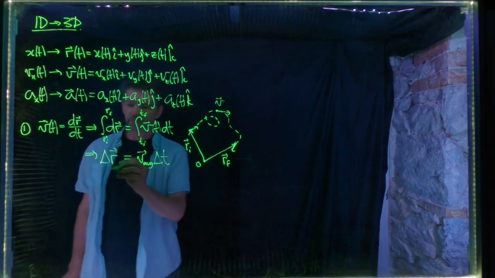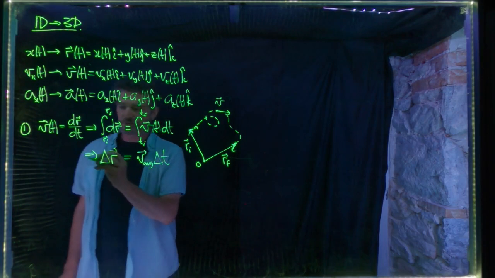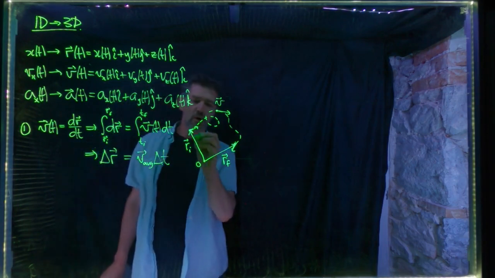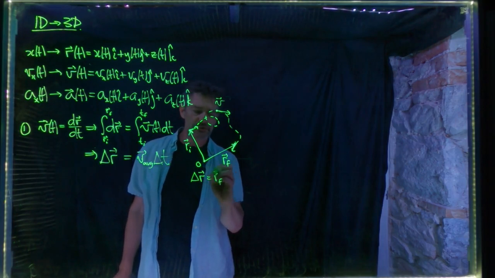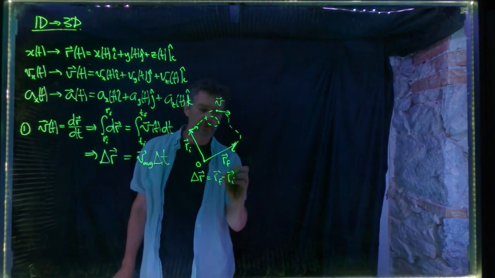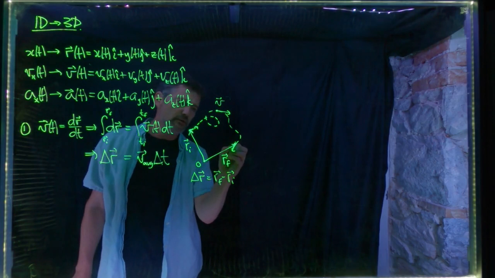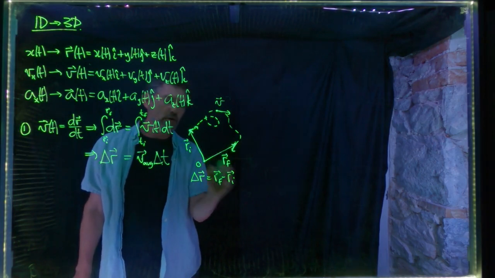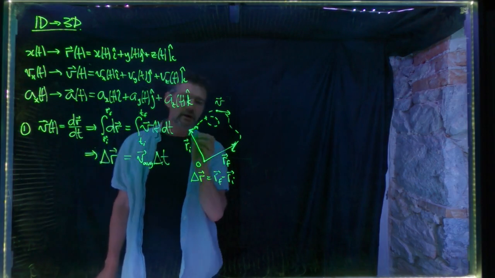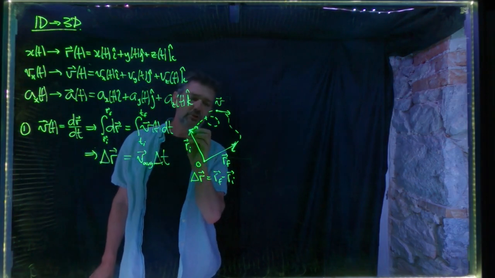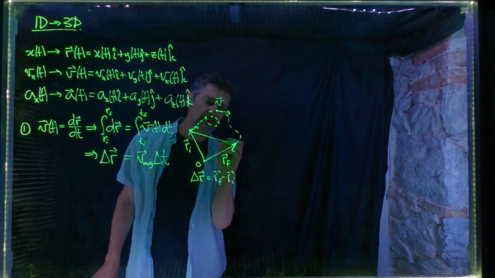So delta r is equal to the change in the position, r final minus r initial. We take r final and add the negative of r initial, and that is the displacement vector to get from the initial point to the final point. And so this is delta r here.